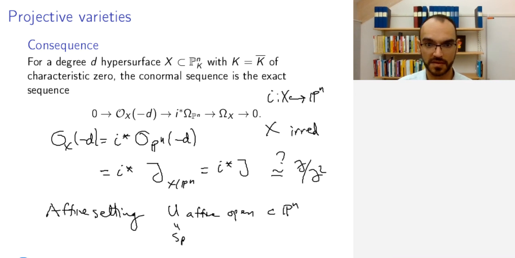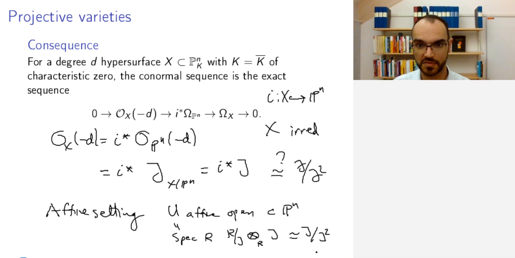So maybe this is Spec R. Then you get an honest ideal J that defines X. But then what we need to show is that this pullback is exactly this thing. But what is this pullback? The pullback takes J as an ideal in R, modulo over R, and tensors it over R with R mod J. This is exactly J mod J squared.